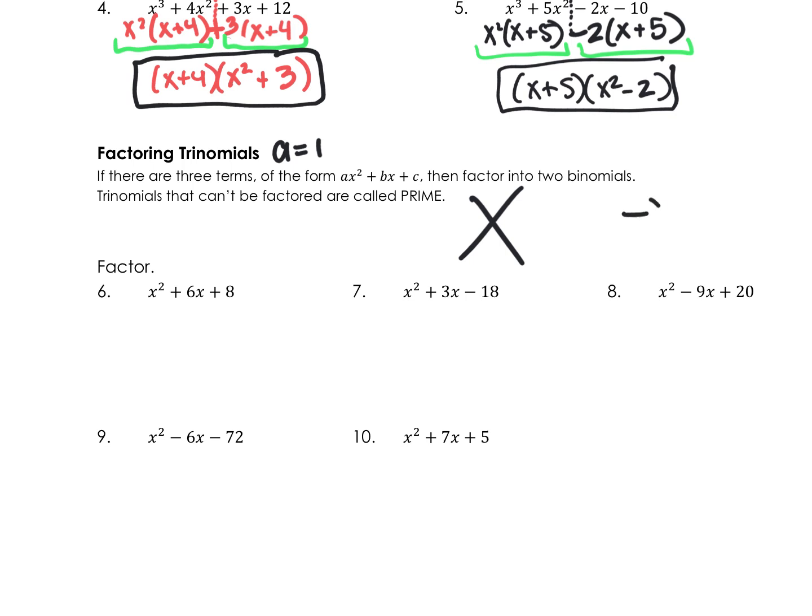Basically what we're doing is we're looking for two numbers that multiply together to get c, and add together to get b, the middle term. So we're looking for two numbers that multiply together to get the last number and add together to get the middle number.